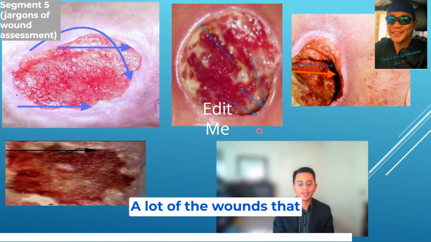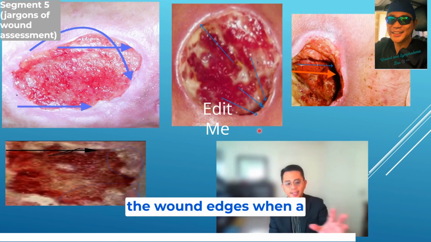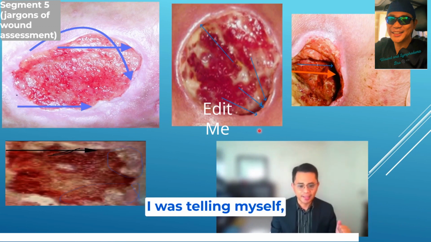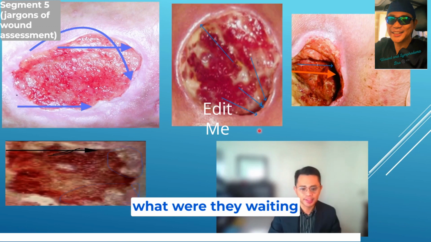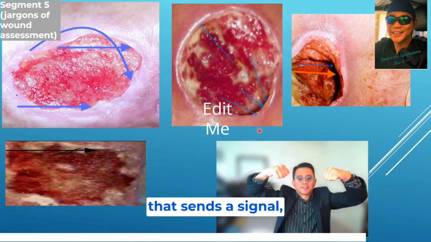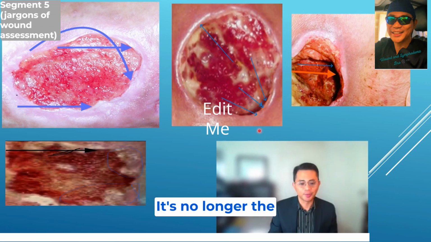A lot of the wounds that are referred to our service, when we take a look at the wound edges, when I see this epiboly that has not been managed, I tell myself, what were they waiting for? Because once the edges curl like that and go into epiboly, that sends a signal to the body that the wound is closed. It's no longer the priority of the body.